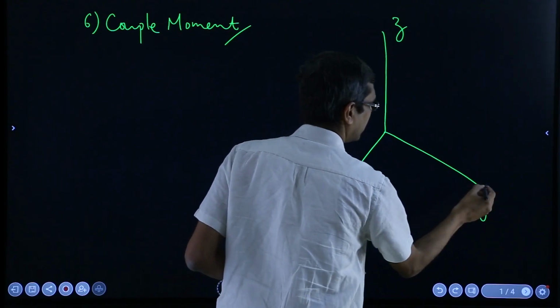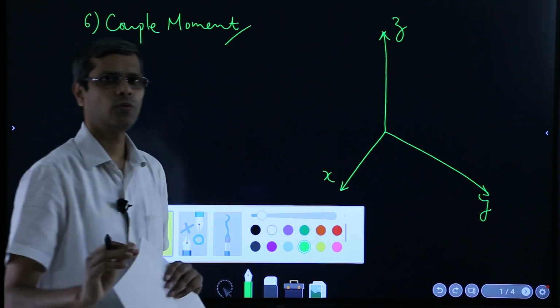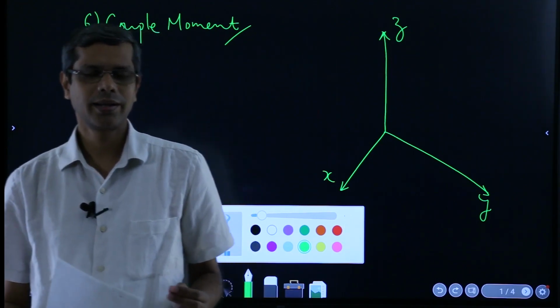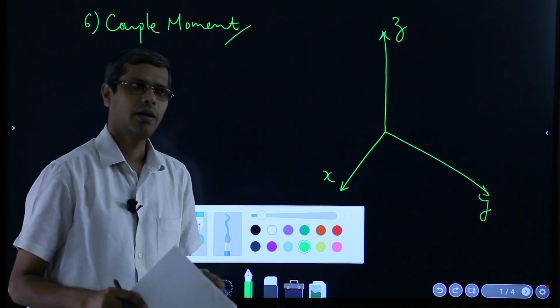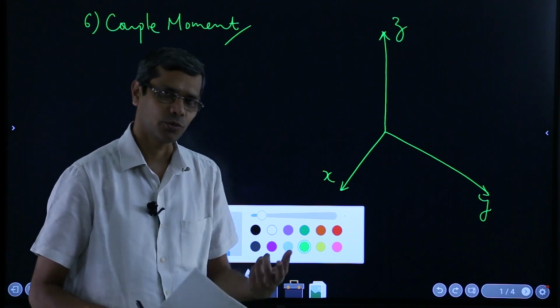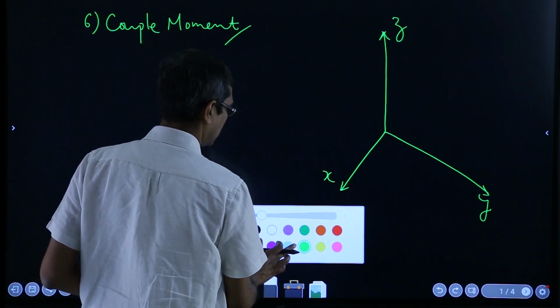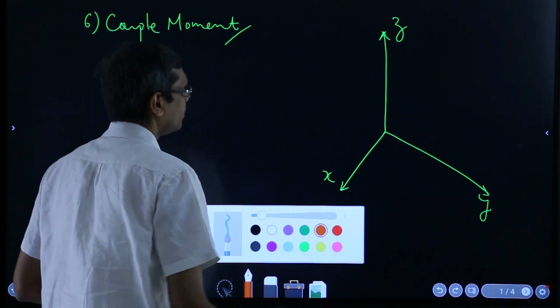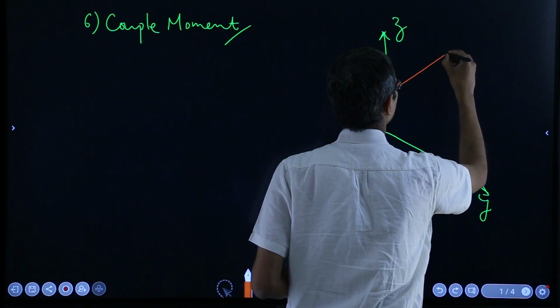And now we have two forces. Earlier, in the other two vectors, we had a single force and a point. Now instead of a point we have another force. That means we have two forces with some special properties. I will discuss that. So one force looks something like this.